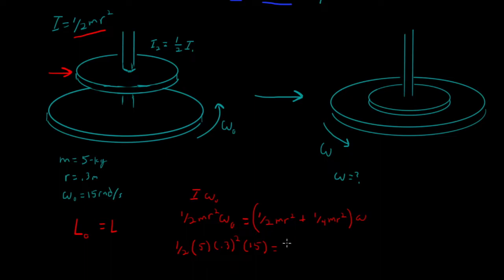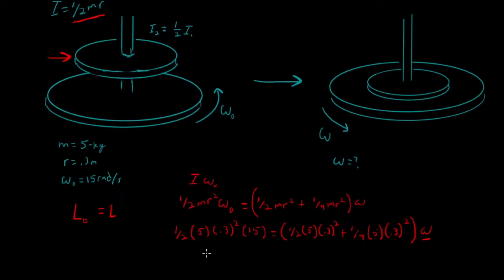And then here I've got 1/2 of that same 5 for m and 0.3 squared, plus 1/4 times 5 times 0.3 squared. All of that times omega. And omega, this is what I'm looking for. So I'm going to put all of these numbers together, and then I'll be able to solve for omega.